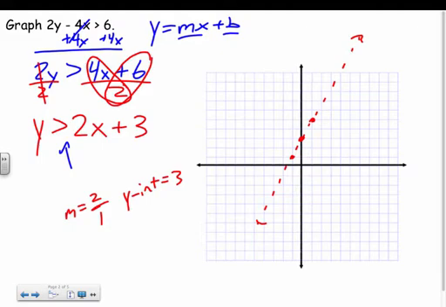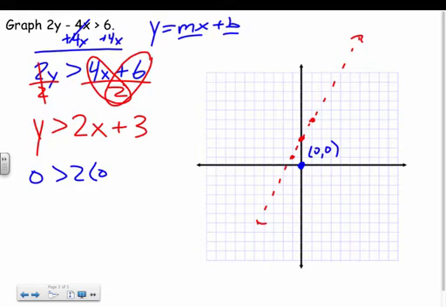Next part, to figure out where we shade, I pick a test point. I'm going to pick a test point that's not on the line. The easiest one to pick, as long as it's not on the line, is right here at the origin, 0, 0. So I'm going to plug that in. 0 for y, 0 for x, and I get 0 is greater than, well, 0 plus 3 is 3.